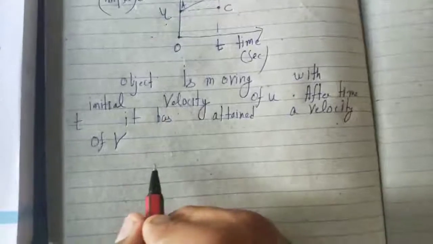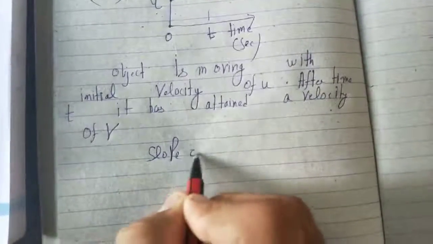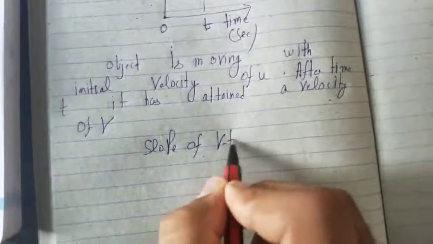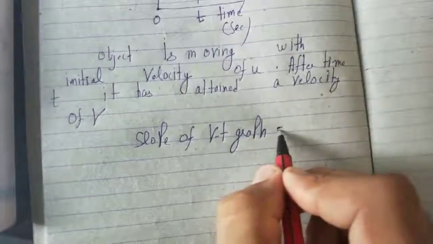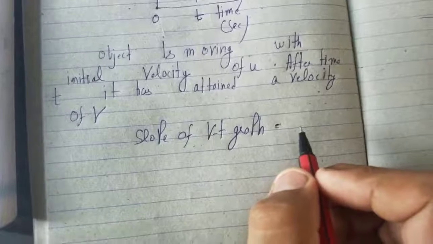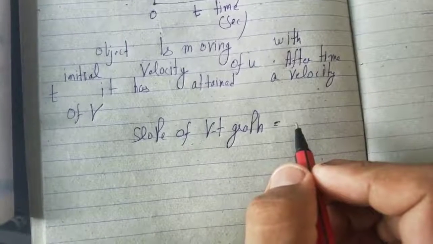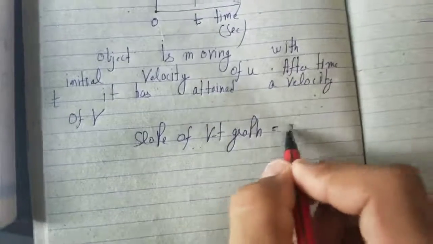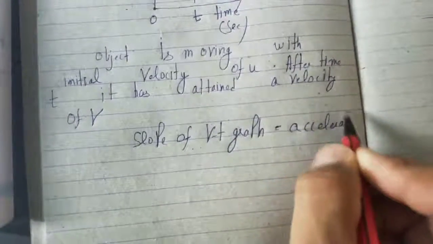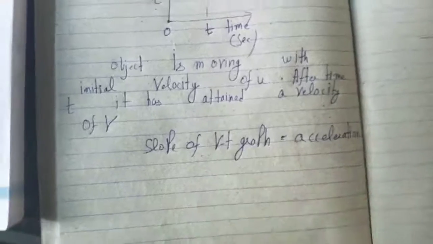So you know the slope of the vt graph, what does it give? Velocity upon time. It gives acceleration. So what is slope?